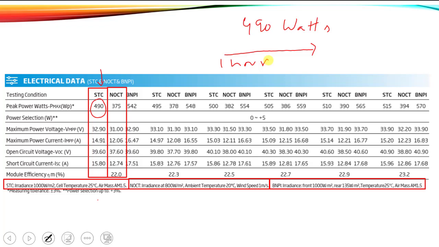How much energy will there be in 1 hour? Very simple, divide 490 by 1000, and this comes out to be 0.49 kilowatt hour. So if this module is run under STC condition for 1 hour, we will have 0.49 kilowatt hour of energy produced.